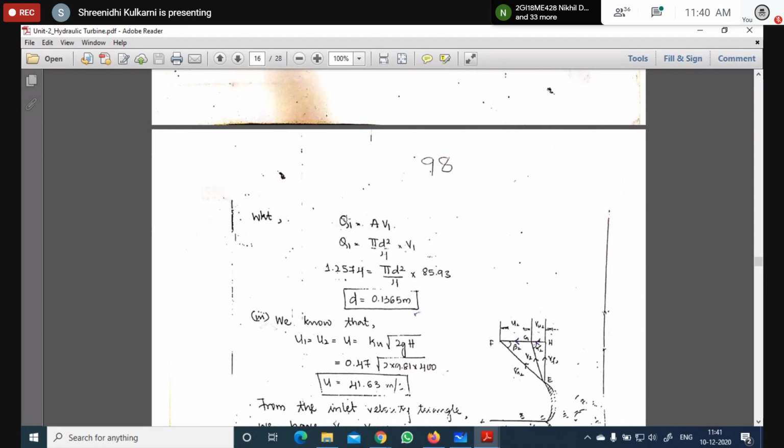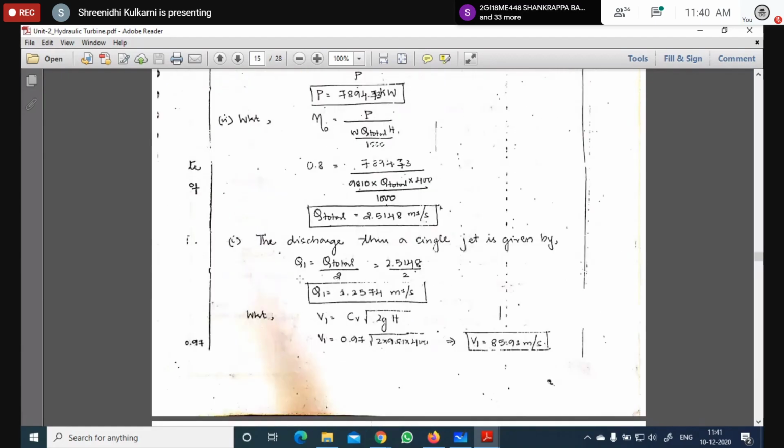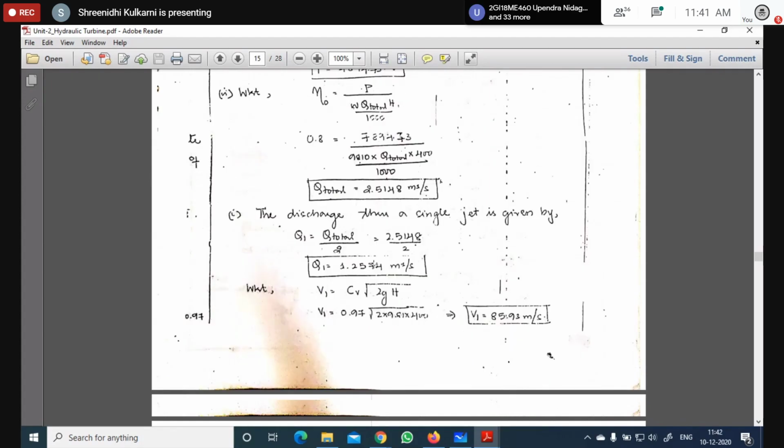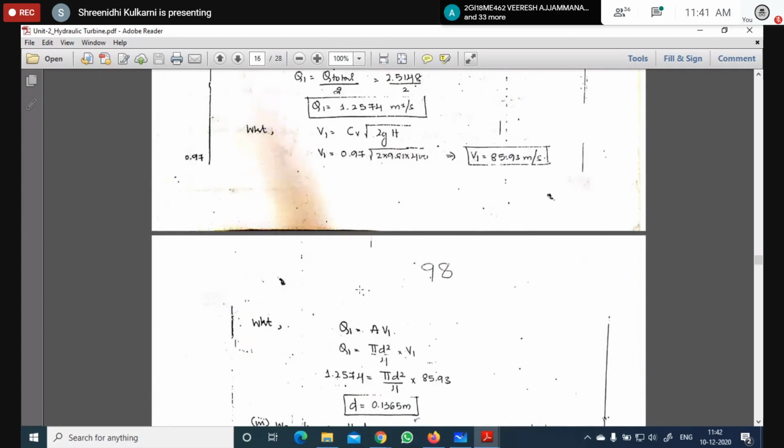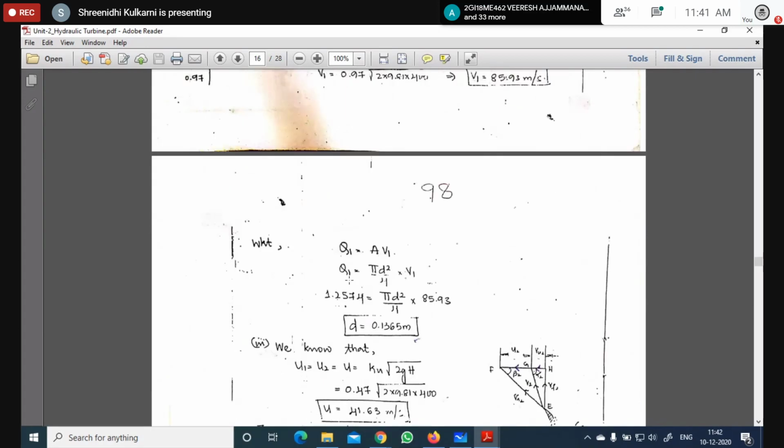Here I wrote Q1, meaning I am calculating for a single jet, so don't get confused. I have already calculated the discharge through a single jet, so either you can use this Q or this Q. Now I am calculating the diameter of each jet, so that's why I took Q1. Q1 equals A into V1, where area is pi d square by 4.